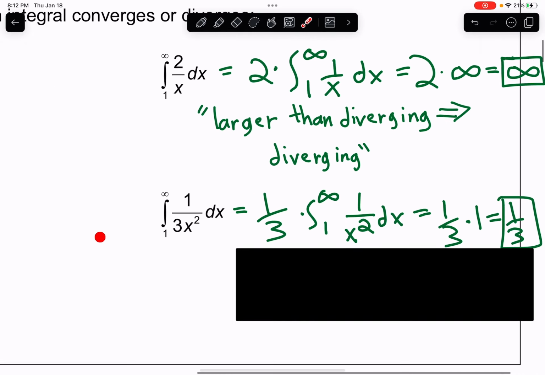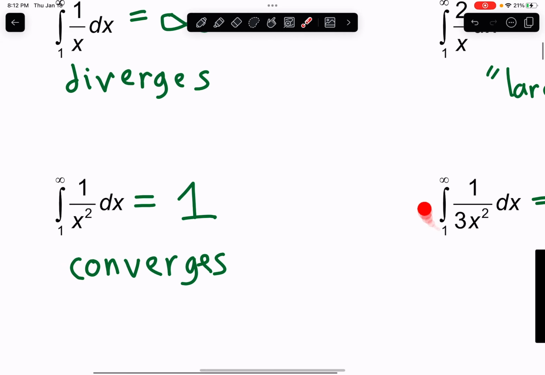Or in general, the function that I'm asked about is smaller. Now this is a little tricky. We have to remember the 3 is in the denominator, so the bigger the denominator, the smaller the fraction. 1 over 3x squared is smaller than 1 over x squared.